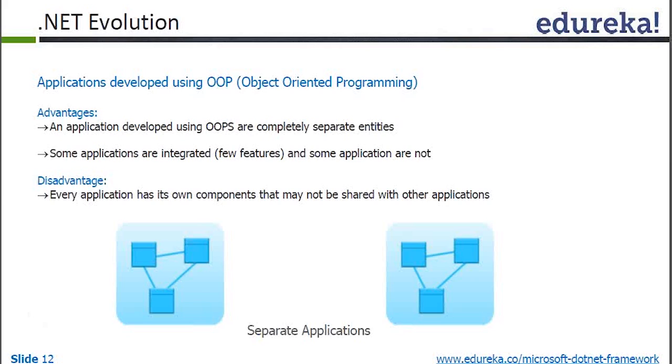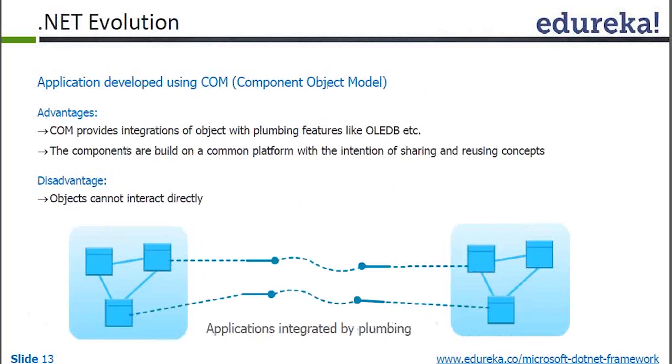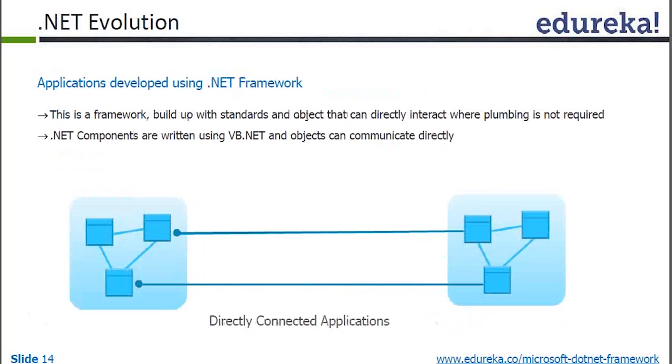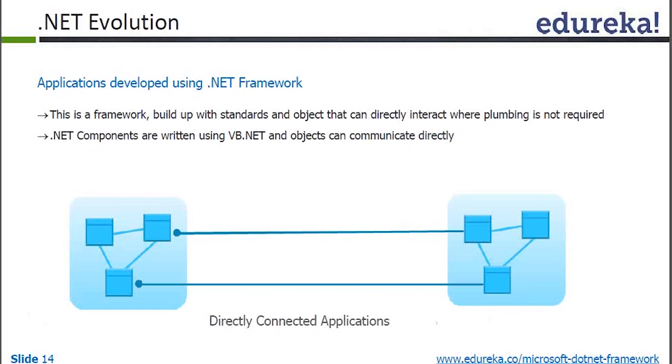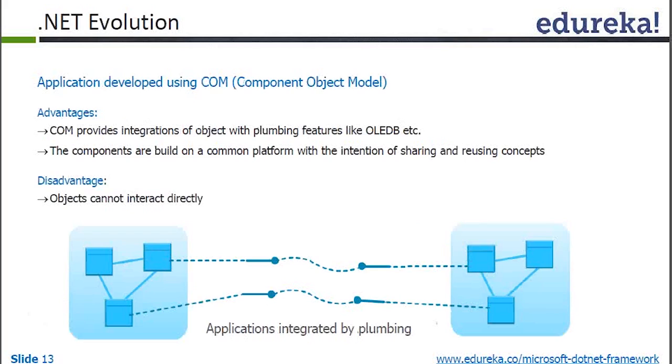Next, some applications are integrated. Generally, while working with .NET evolution, OOP programming is a bit different. Then you have COM components, then the .NET framework. Where did the .NET framework come from? It came from a previous feature called Component Object Model, COM.